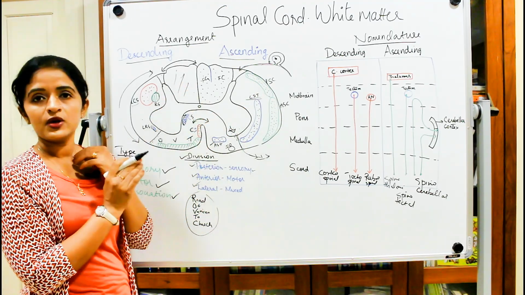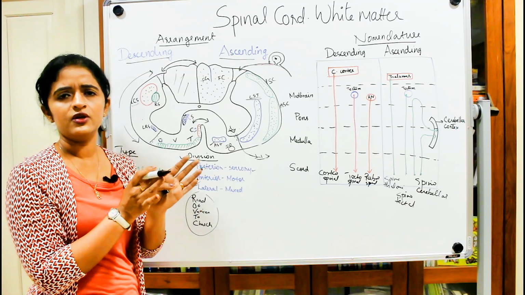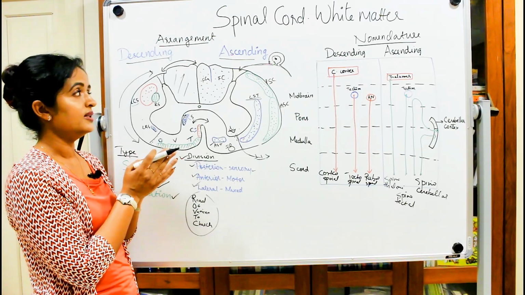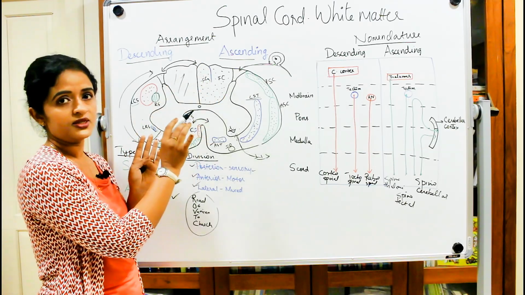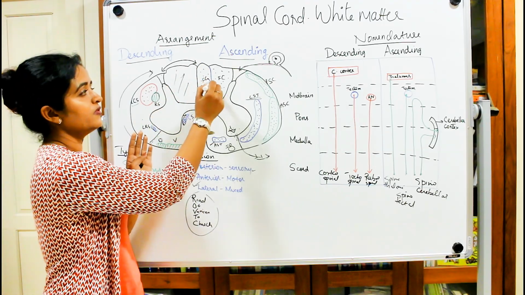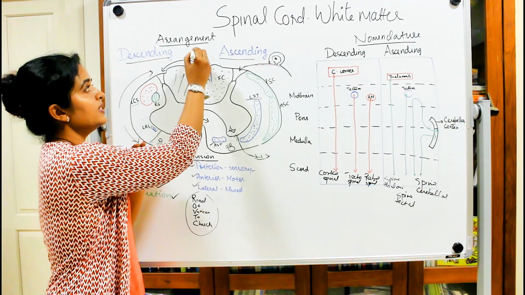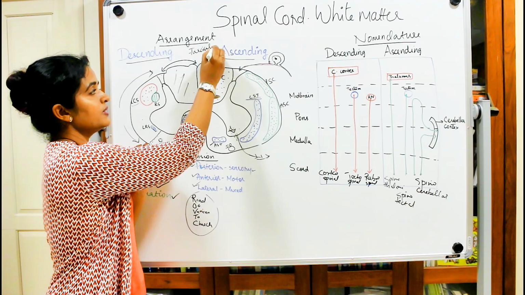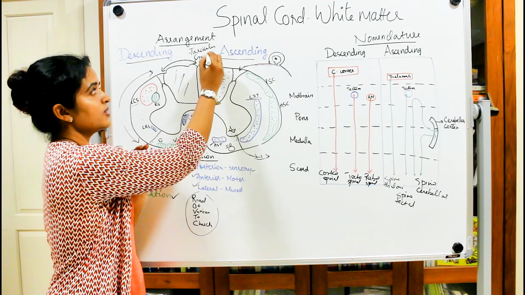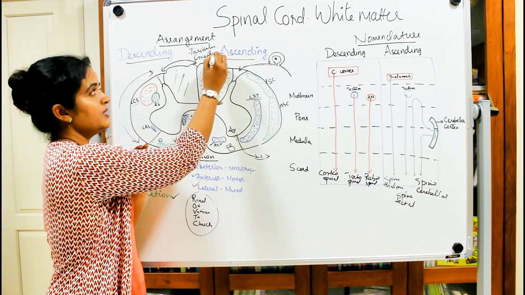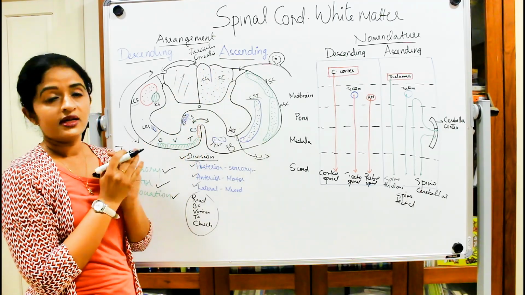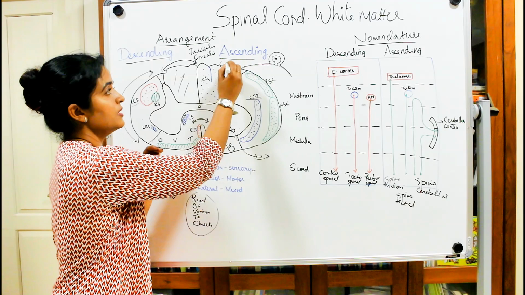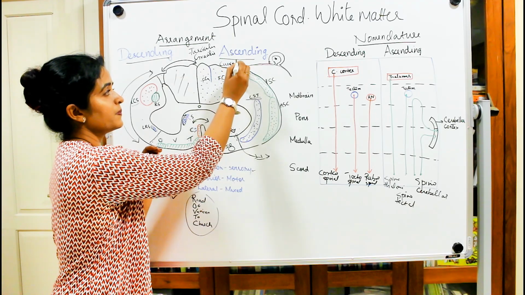Now coming to the posterior column. Posterior column is very easy because it is mainly made up of sensory fibers, and this is known as posterior column itself, and it is mainly made up of two sets of fibers. One is fasciculus gracilis. G stands for gracilis, and the next set which is lying lateral to it, it is known as fasciculus cuneatus.